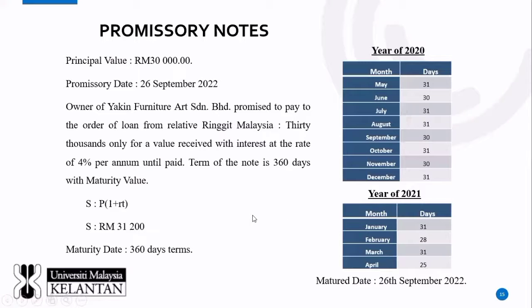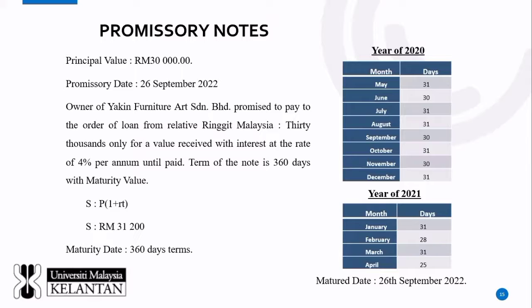We continue with the part on promissory notes for the principal value. We have noted that Ringgit Malaysia 30,000 with a promissory note date of 26 September 2022.